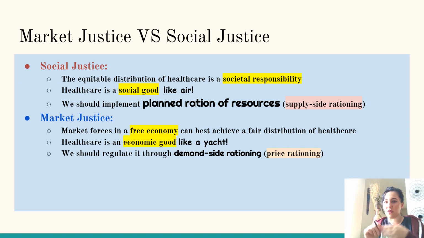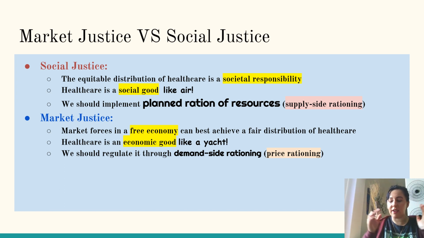Let's say, for example, one MRI machine per 1,000 people. I don't know if that's the actual number, but just as an example. That would be supply side rationing: you have your supplies and you ration and distribute them according to need.